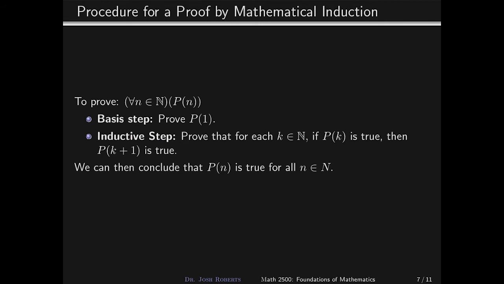It might be a little bit more explicit to say that when you're proving it, you assume that P of k is true, and then you show that P of k plus 1 is true. Okay, so that's how you actually go about doing the proof. And if you're able to do that, the conclusion is this is true for all n by the principle of mathematical induction.